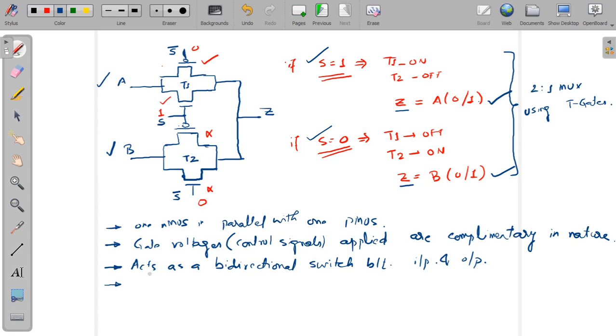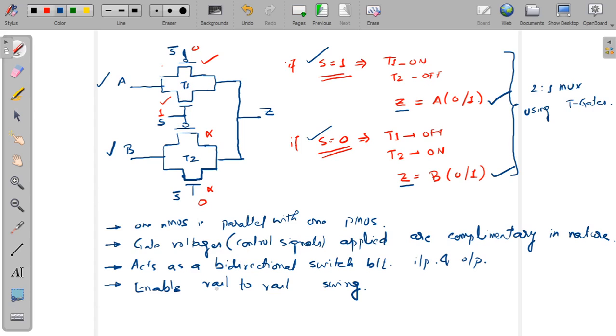Okay, that point is there, and it enables rail to rail swing.